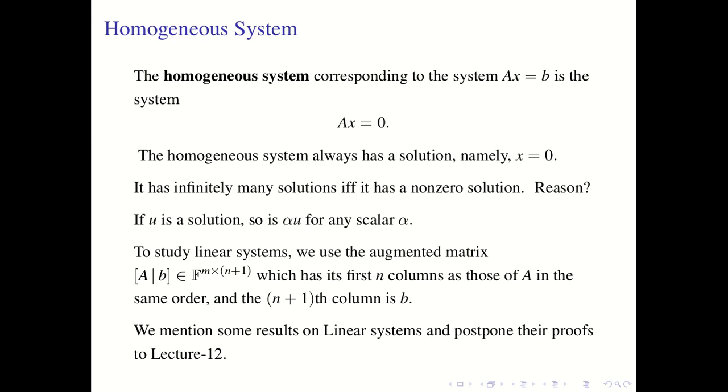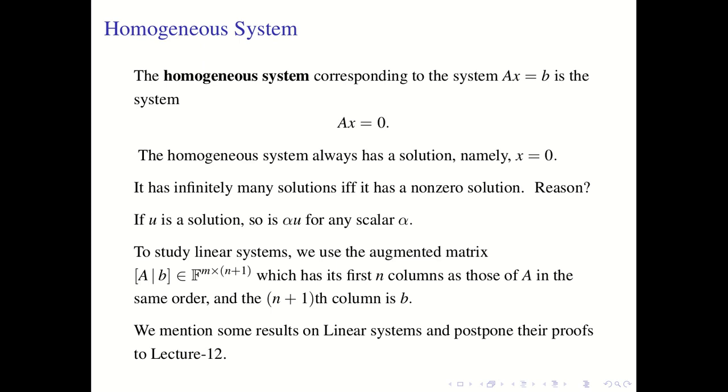The homogeneous system corresponding to the system Ax equal to b is the system Ax equal to 0. Now the homogeneous system always has a solution, namely the 0 vector, x equal to 0. It has infinitely many solutions if and only if it has one non-zero solution.